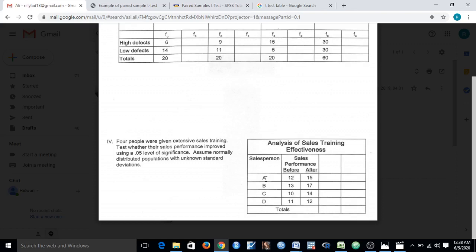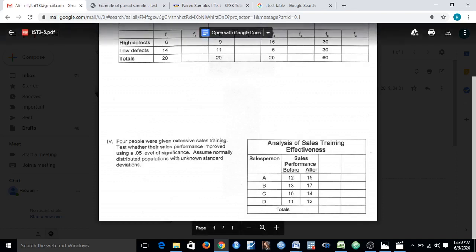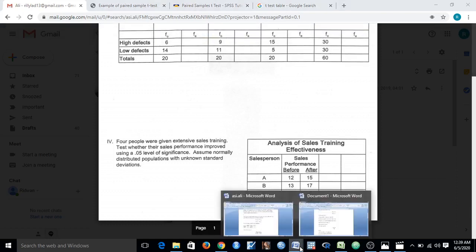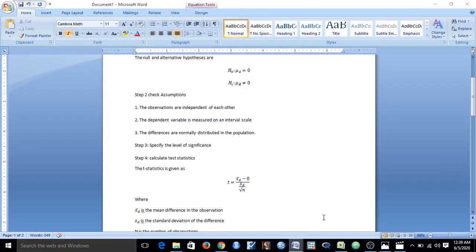So it means we have a paired sample, then we use a paired test. The assumption of normally distributed population is one of the assumptions of the paired test, and the unknown standard deviation makes us use the t-test. Then let's see how we utilize that.